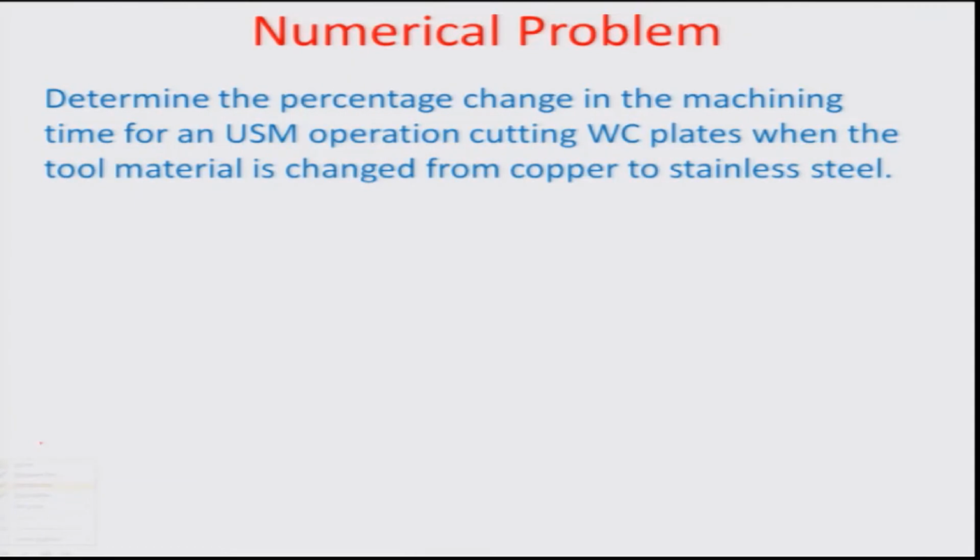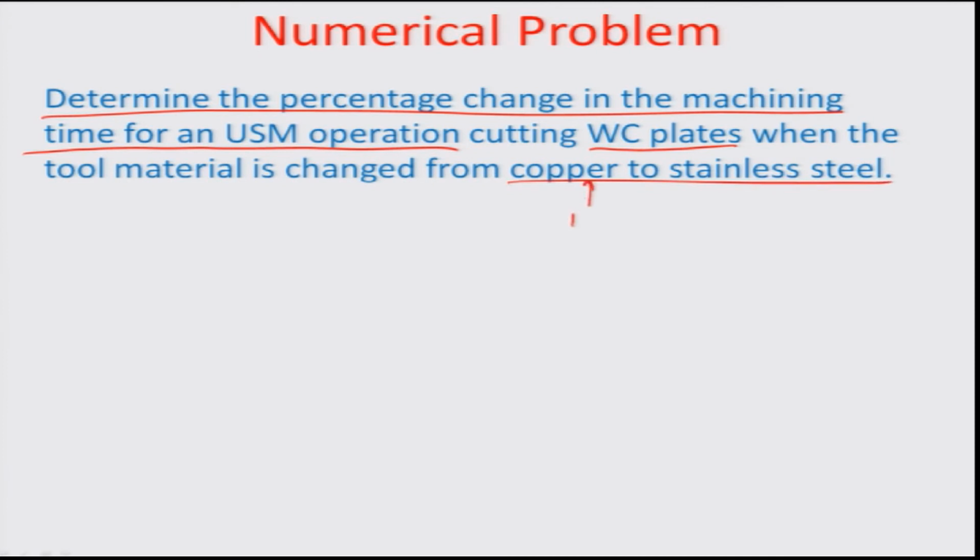In this particular problem, we want to determine the percentage change in the machining time related to a USM process while cutting tungsten carbide plates, when the tool material is suddenly changed from copper to stainless steel. Obviously the hardness of copper is different in comparison to that of SS. So the hardness is going to change from copper to stainless steel, and that is going to change the material removal rate.